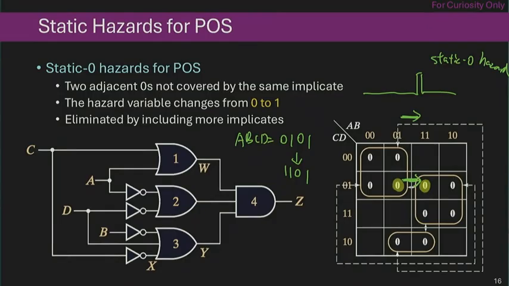So if I put down those values, A, B, 0, 1, C, D, 0, 1, and then I change my A variable from 0 to 1, again we have these two imbalanced paths: the one through the top and the one through the bottom with an actual inverter.